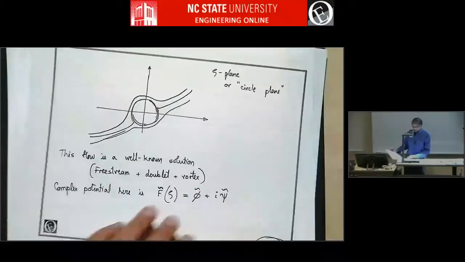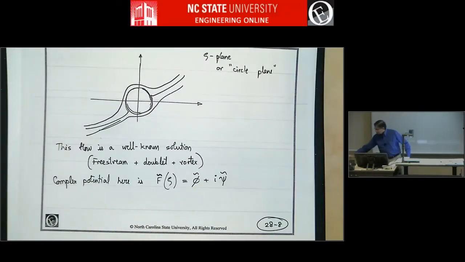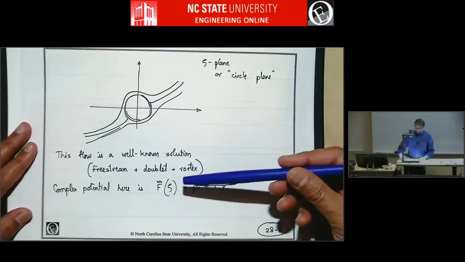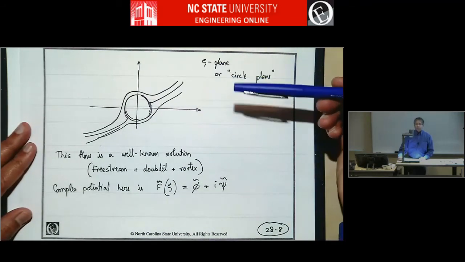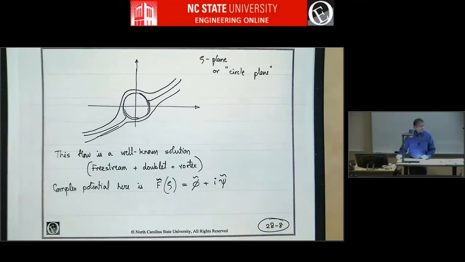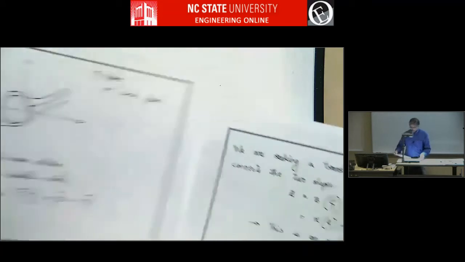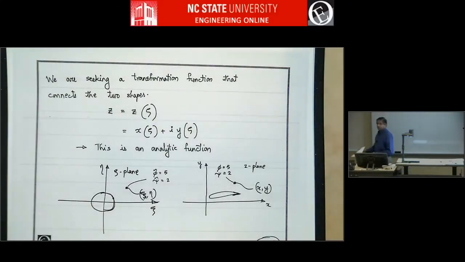Just to avoid getting confused, we can't use the same symbol for different things, so we are putting a tilde to denote the flow in the zeta plane. So F tilde is phi tilde plus i times psi tilde, and that is the complex potential for this flow. So we are trying to see if we can get a transformation function that connects these two shapes.